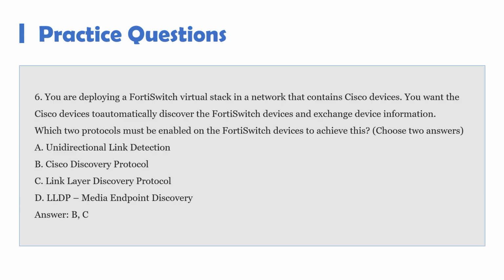6. You are deploying a FortiSwitch virtual stack in a network that contains Cisco devices. You want the Cisco devices to automatically discover the FortiSwitch devices and exchange device information. Which two protocols must be enabled on the FortiSwitch devices to achieve this?